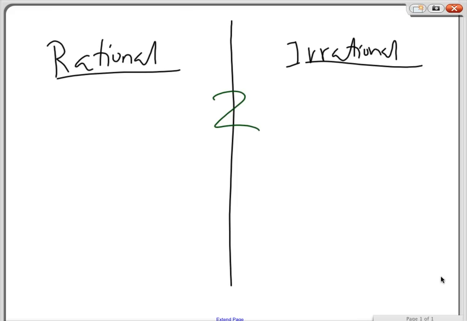Very good. It is rational, so it goes on this side. What is it also known as, besides rational? It's also a whole number, also an integer, also a natural number. It's also a real number, isn't it? Yes. There it is. Automatic.